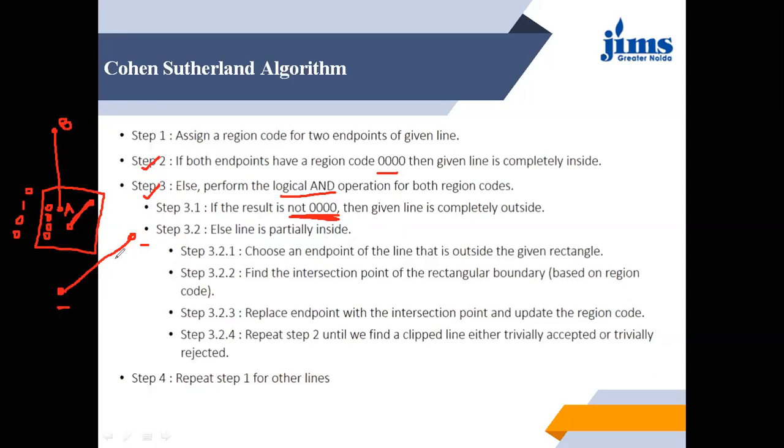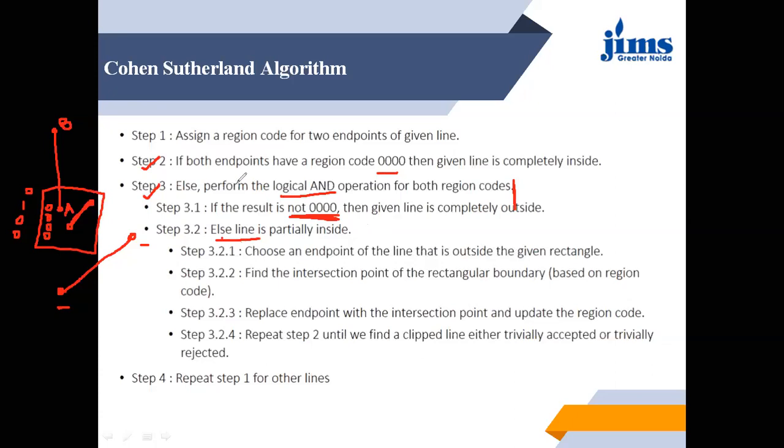But there is a third case also: the line is partially inside. If the first two cases do not hold, then the third case exists, that is, partially inside. In this, we have to find the endpoints of the line that are outside the given rectangle.